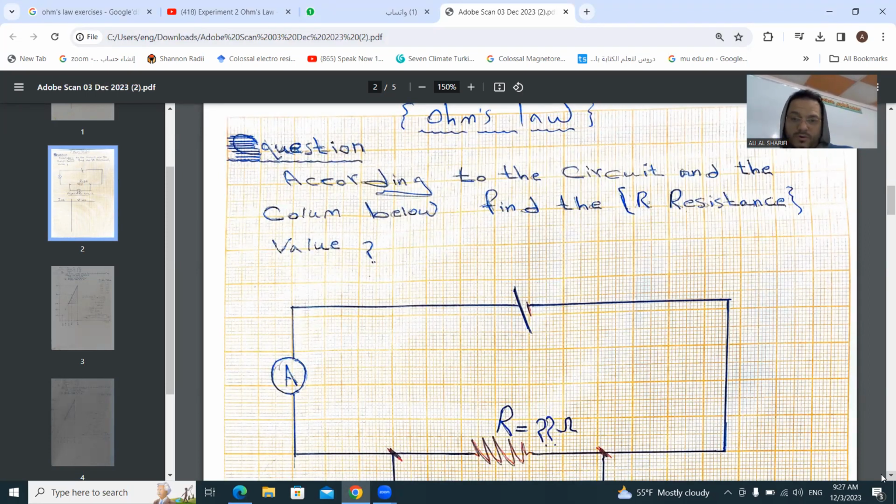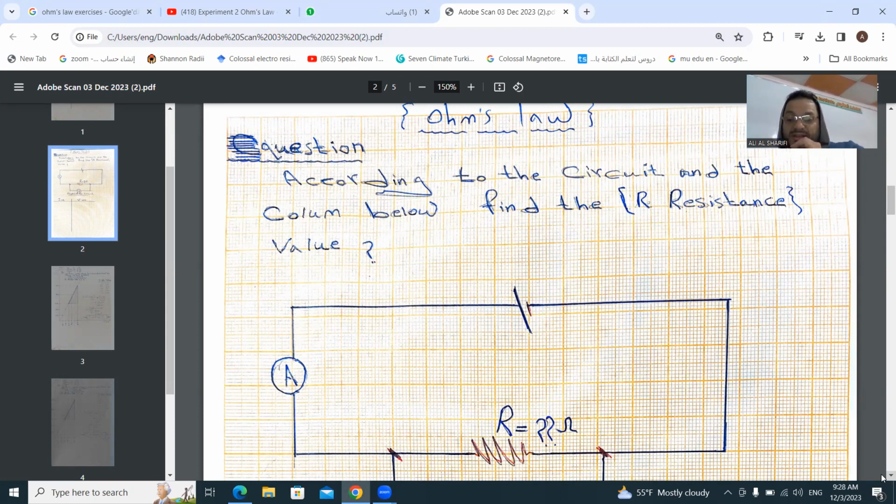I'm talking about the column. There are the current and voltage results, and after that you must plot the diagram and use the main function. I'm talking about the slope equal to the resistance reverse.